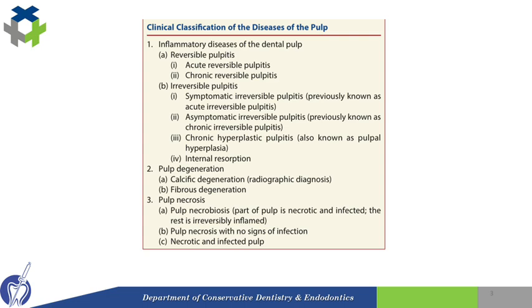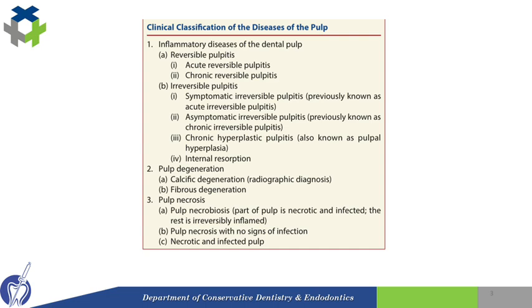or asymptomatic irreversible pulpitis, which was previously known as chronic irreversible pulpitis, and chronic hyperplastic pulpitis, which is also known as pulpal hyperplasia, and internal resorption. Whereas in case of pulp degeneration, we have calcific degeneration, where radiographic diagnosis can be made, and also fibrous degeneration.